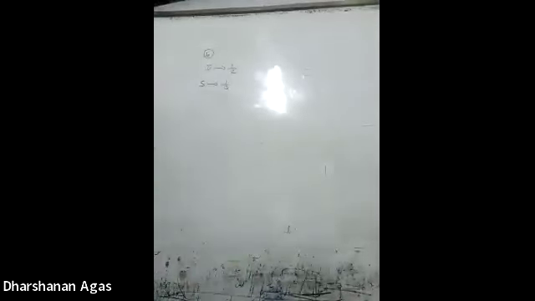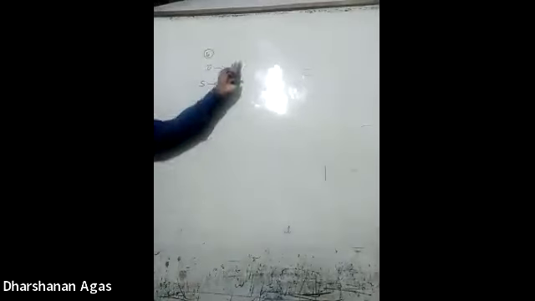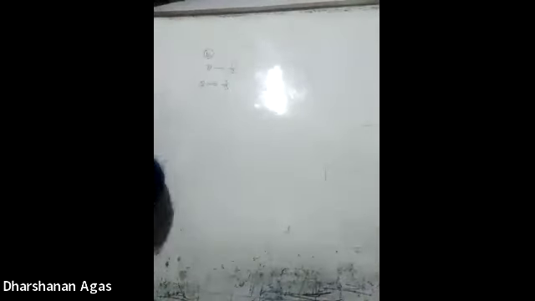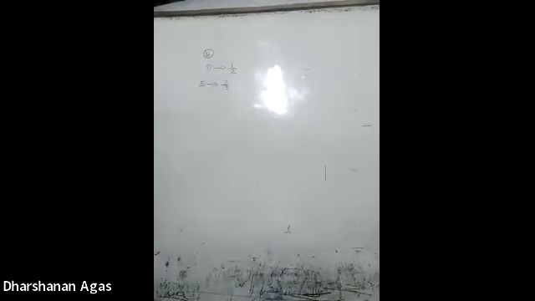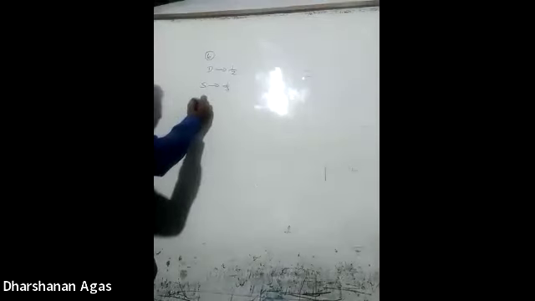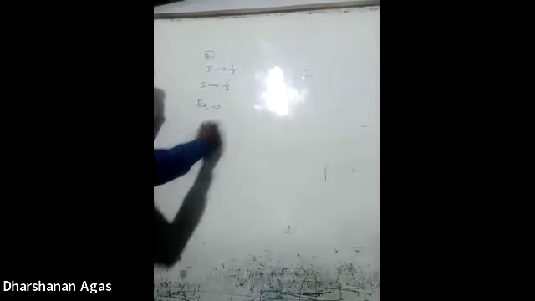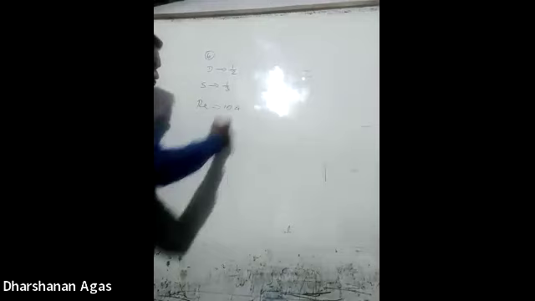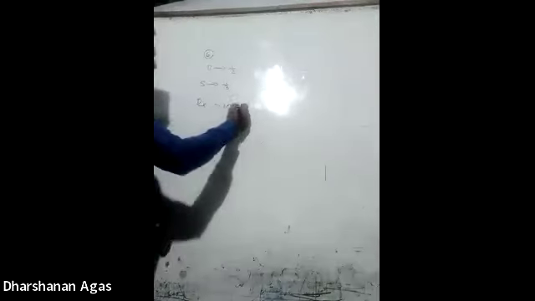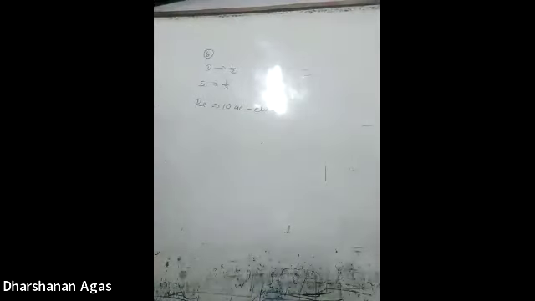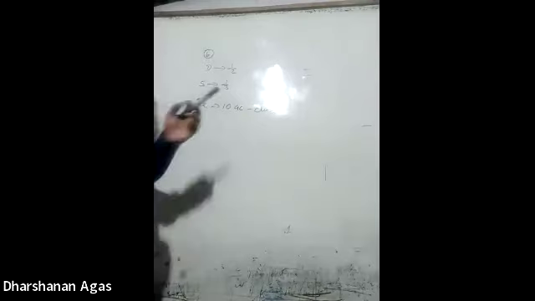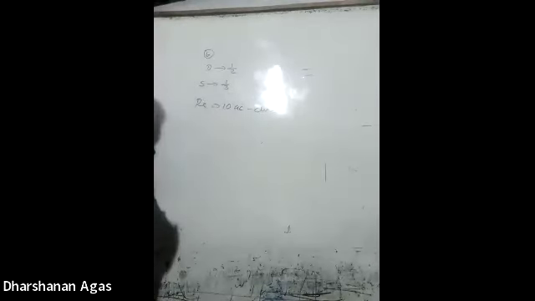Half of the land he wrote in the daughter's name, and 1/3 is for the son. The remaining is given as 10 acres for charity. Mr. Mohammed is giving 10 acres for the charity.